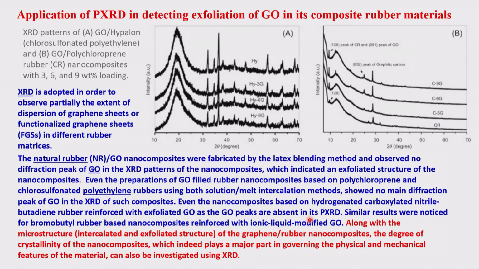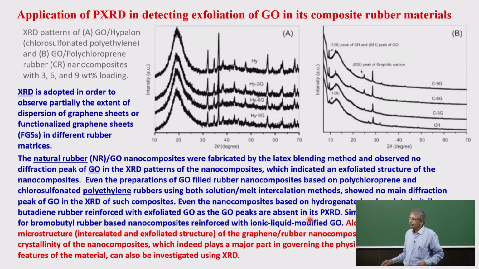Look at another example of graphene oxide, but this time this graphene oxide has got different layers joined together, and you try to put it into different kinds of rubber materials. One of them is hypalon, which is called chlorosulfonated polyethylene.